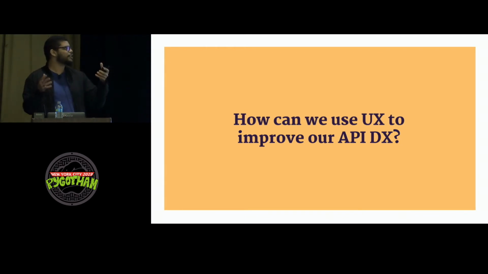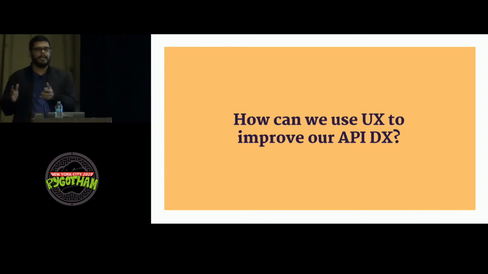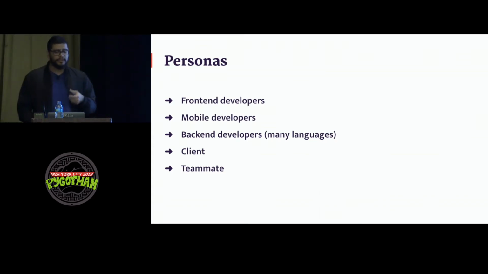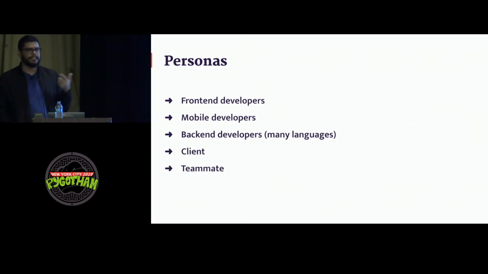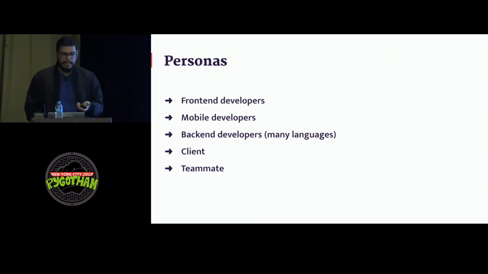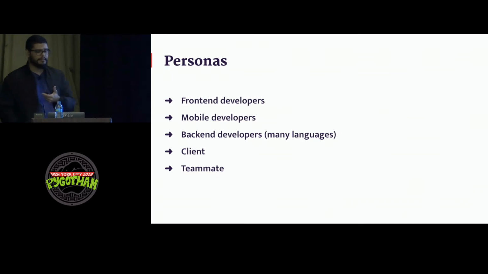But OK, how can I use UX to improve my API DX? The first thing that I think of is personas. A persona is one of the outputs of the understanding phase. Usually, like I said, we build APIs for external versions of ourselves, but we need to understand that there are multiple ways to do the right thing, not only yours.